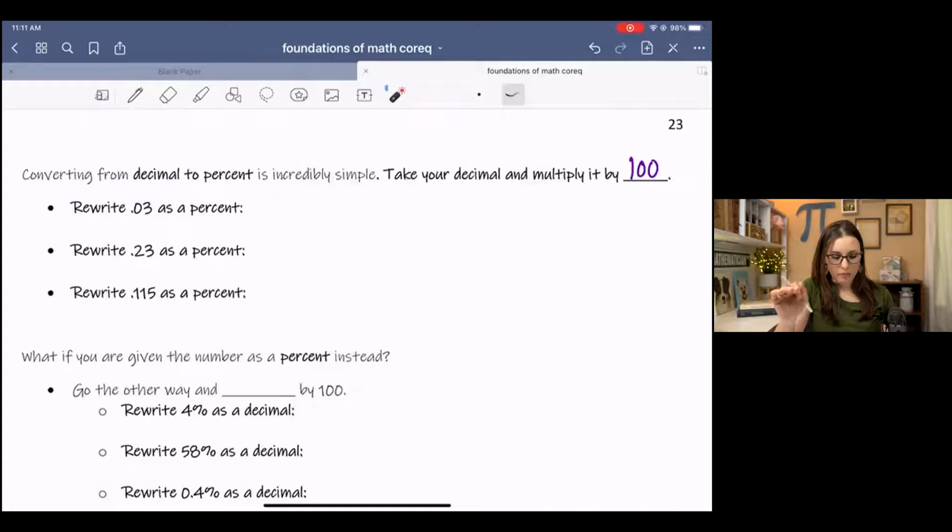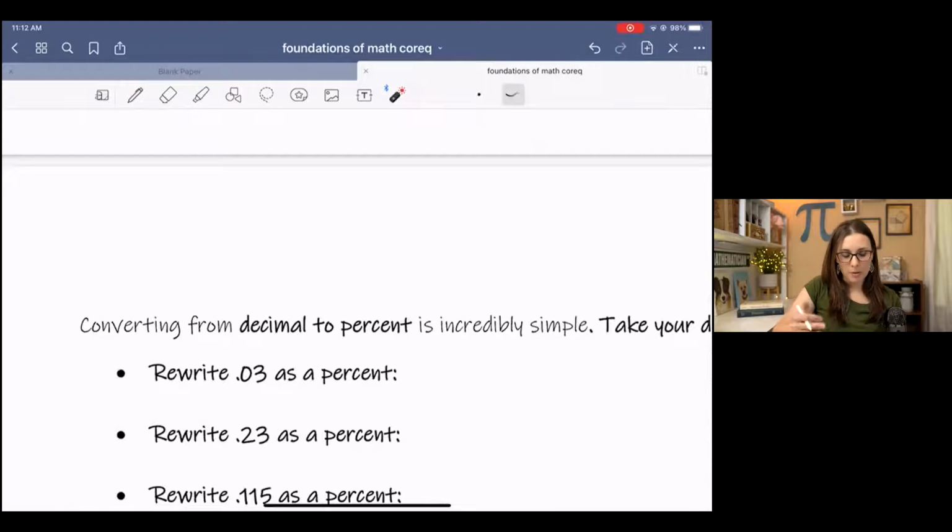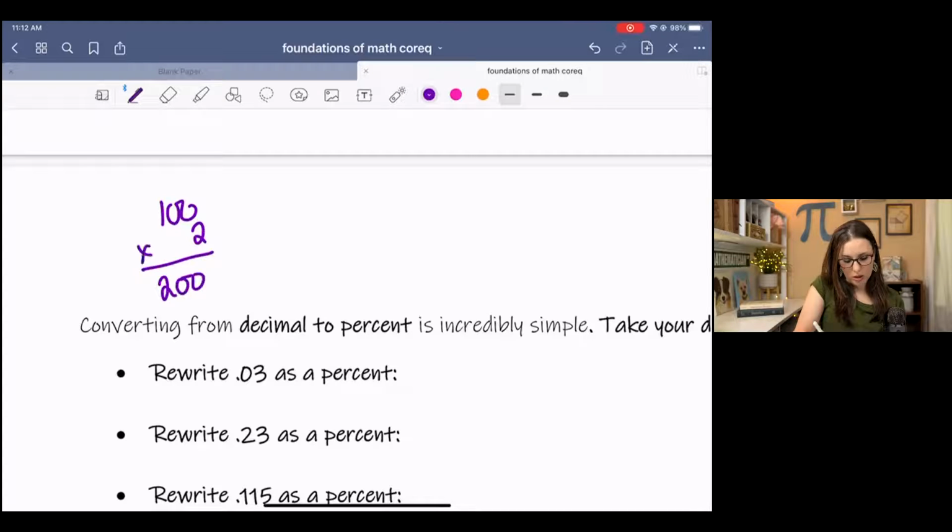Now, I'm going to show you a little explanation here. If I multiply anything by 100, so 100 times 2 is 200, 100 times 45 is 4,500. And basically what's happening is we're adding 2 zeros on each of these when we multiply.